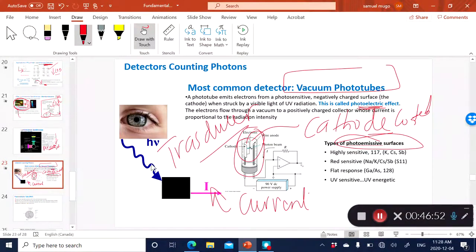When light hits that coating, the valence electrons in the outermost level get ionized, and you're detecting those electrons. So it's a photon hitting a photoemissive surface to give off electrons. You can see it's ionization that is taking place.